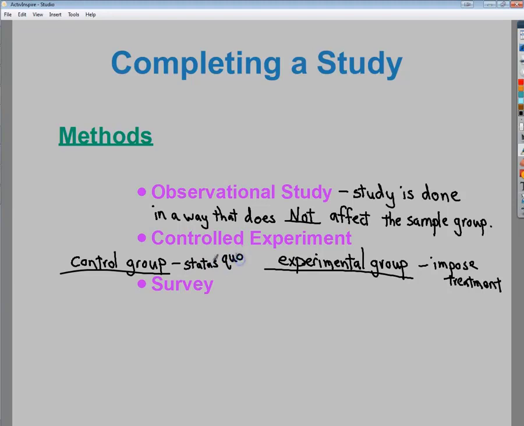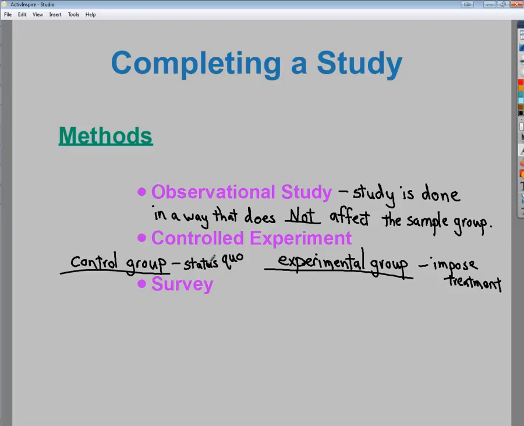The nice thing about the control experiment is that you have some idea that what you're doing has an effect outside of anything else. Like you can see that specific change affected the people in the experimental group versus the control group. But it's not always the best way to do it, and there are certain things you can't do.